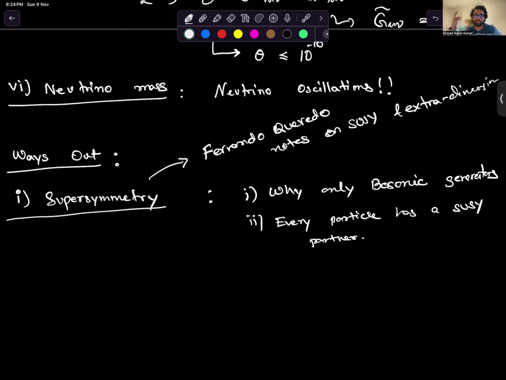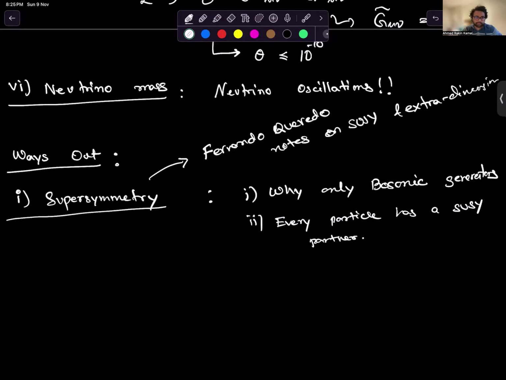The Higgs's superpartner would be a spin 1/2 particle related by this symmetry, which we call supersymmetry, sometimes called the Higgsino. The electron would have a superpartner called the selectron, which is a scalar. Every bosonic particle has a fermionic superpartner, every fermionic particle has a bosonic superpartner. For the gauge bosons, there are gauginos and so on.